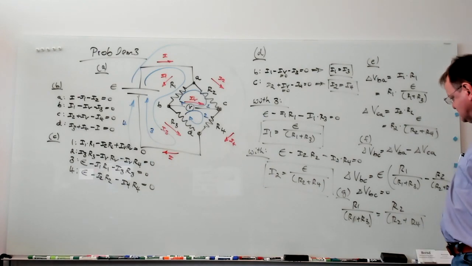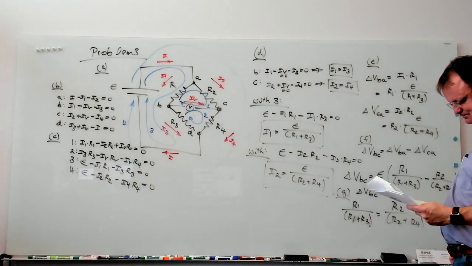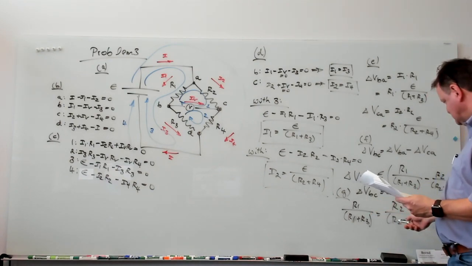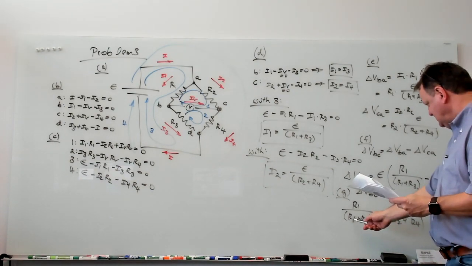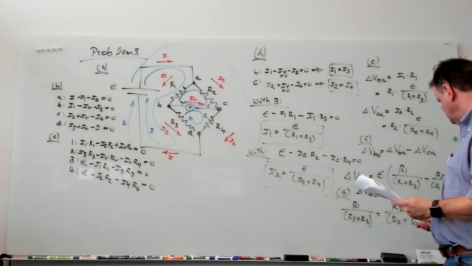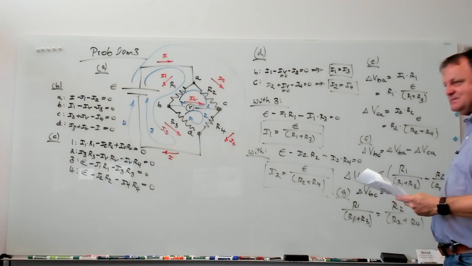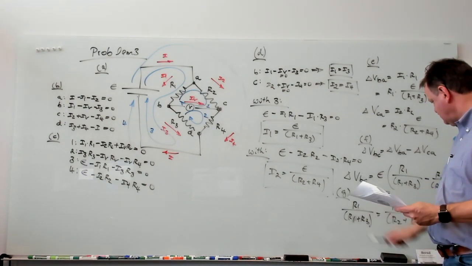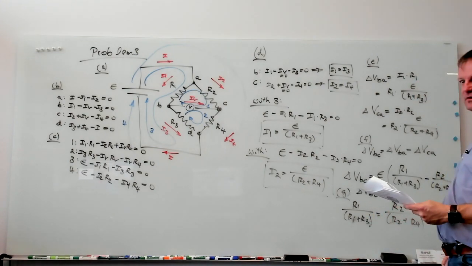And now you can cross multiply that. And then you see here R1 times R2. You have also here a term R1 times R2. And then you have a term R1 times R4, and you have R2 times R3. Those are the only terms surviving, because R1 times R2 you have on the left, and R1 times R2 also on the right.